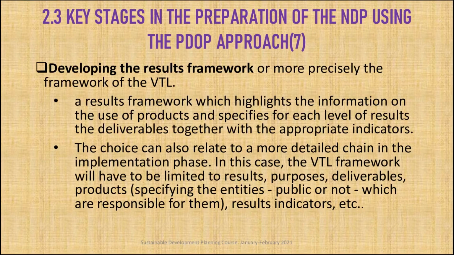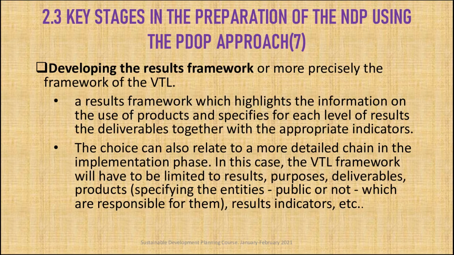Then follows the development of the results framework, or more precisely, the framework of the virtuous transformation loop. That's a results framework which highlights the information on the use of product and specifies for each level of result the deliverable together with the appropriate indicators.